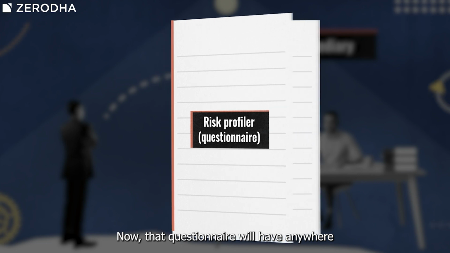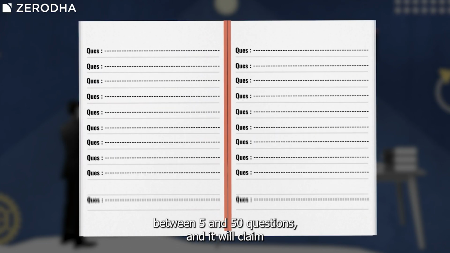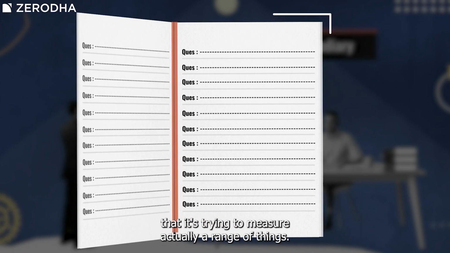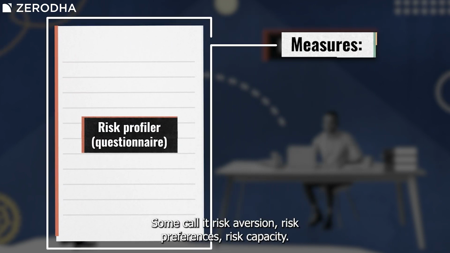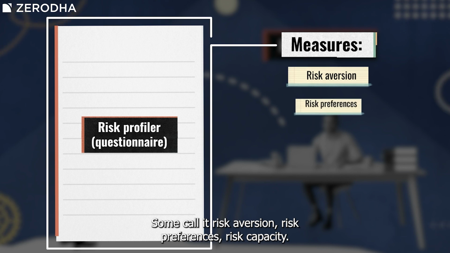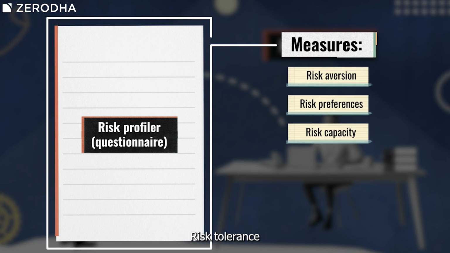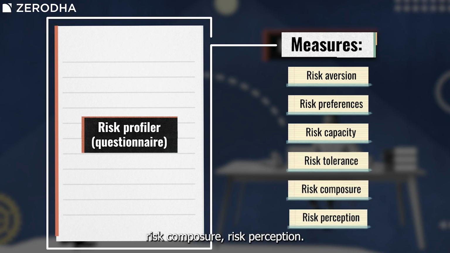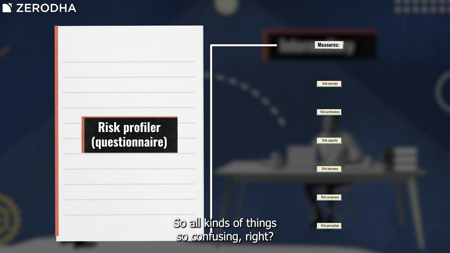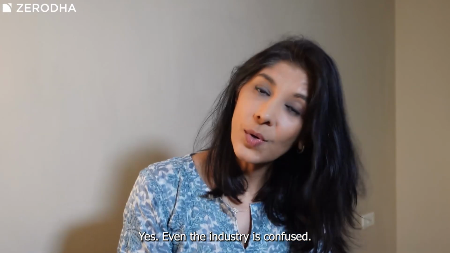Now, that questionnaire will have anywhere between 5 and 50 questions, and it will claim that it's trying to measure a range of things. Some call it risk aversion, risk preferences, risk capacity, risk tolerance, risk composure, risk perception. So all kinds of things. So confusing, right? Yes, even the industry is confused.